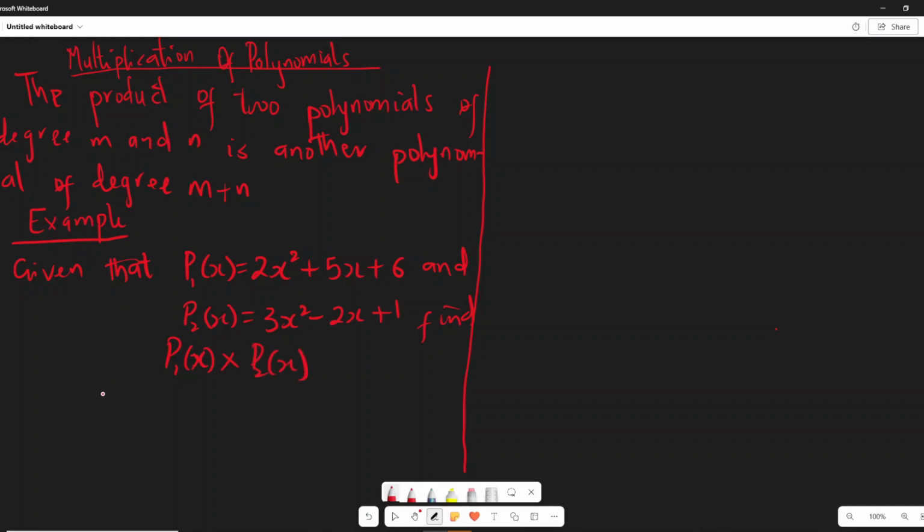So I'll be dividing it into two methods. As I said, method one will be multiplying it the way we multiply algebraic expressions. All right, so P1(x) times P2(x) would be 2x squared plus 5x plus 6 multiplying 3x squared minus 2x plus 1. So I will take them individually.